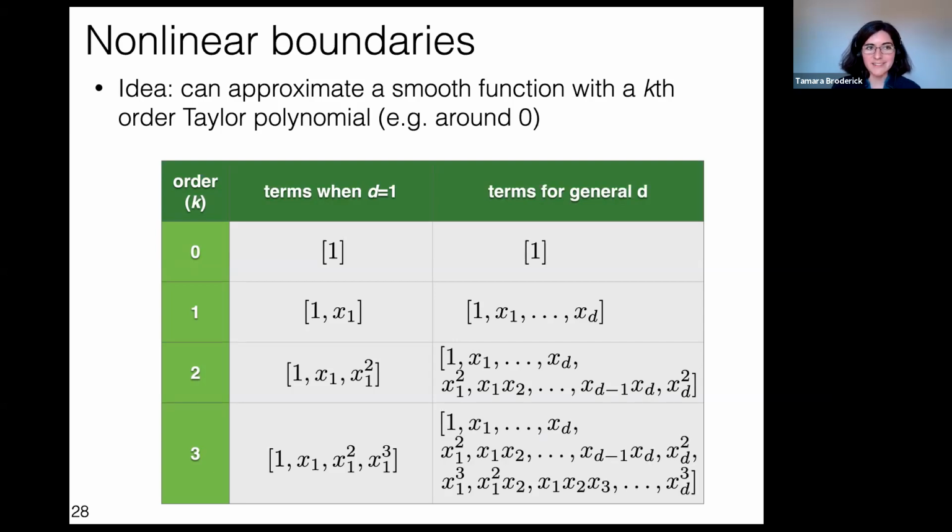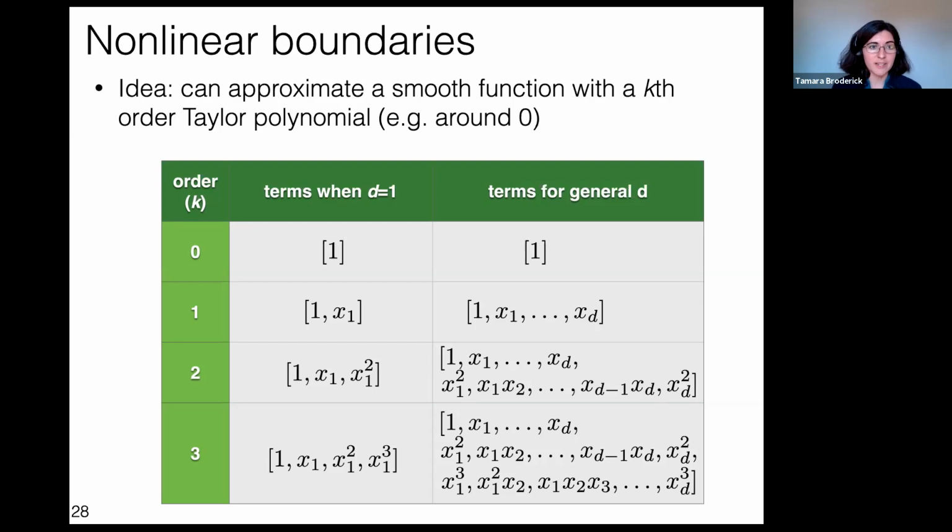And it just gets really messy after that. We get a lot of terms. But the idea is that we can get really flexible boundaries by expanding our set of features using these polynomials, and this will often be called a polynomial basis.